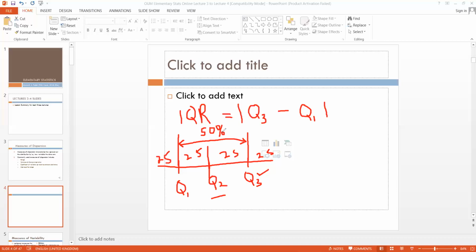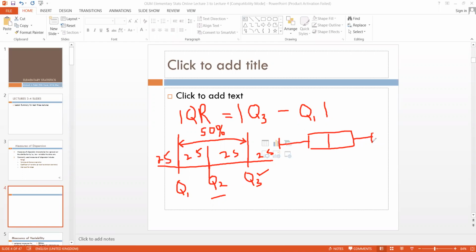That is what the interquartile range is used for. We make use of it in box plots, where the whiskers and outliers also depend on the interquartile range.